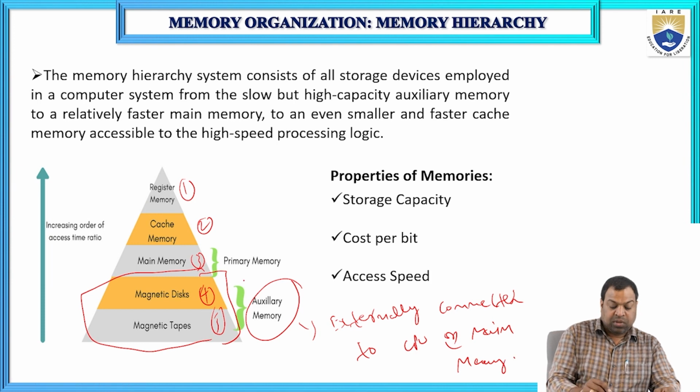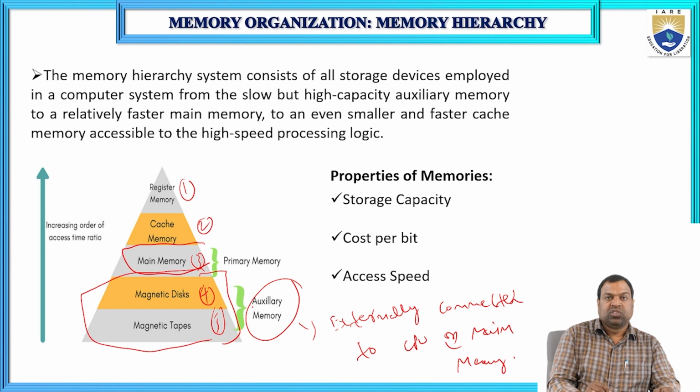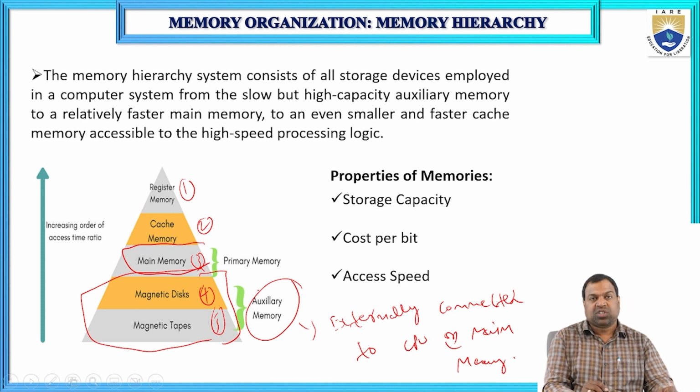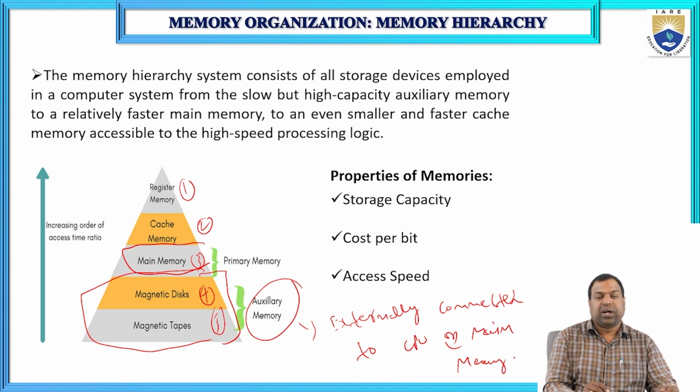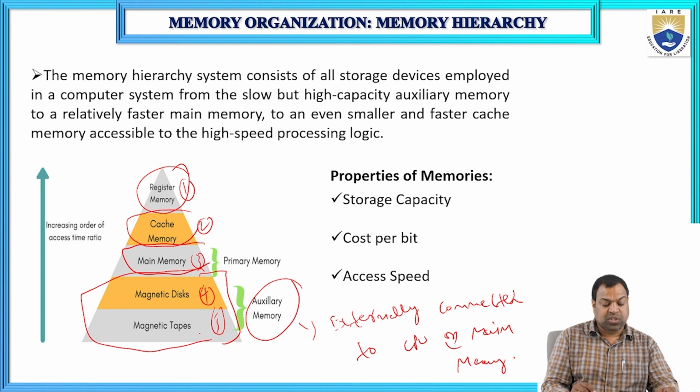So primary memory is main memory, secondary memory is auxiliary memory. Primary memory is always called main memory, the inbuilt memory connected to the CPU. Inbuilt it is designed. And magnetic disk and magnetic tape are externally connected to the CPU or main memory. That is the auxiliary memory. And the cache memory is also connected to the CPU through the main memory and register memory. These are the types of memories.